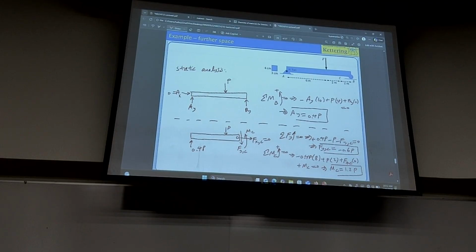So really from static analysis, we wanted only these two relationships, FYC and MC. I'll give you time, we want to plug these back into our equations from solids.